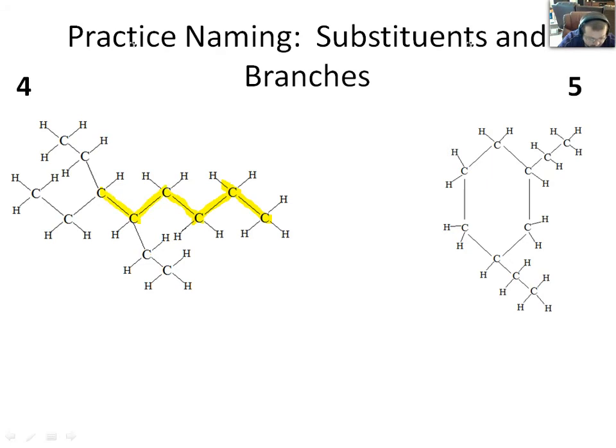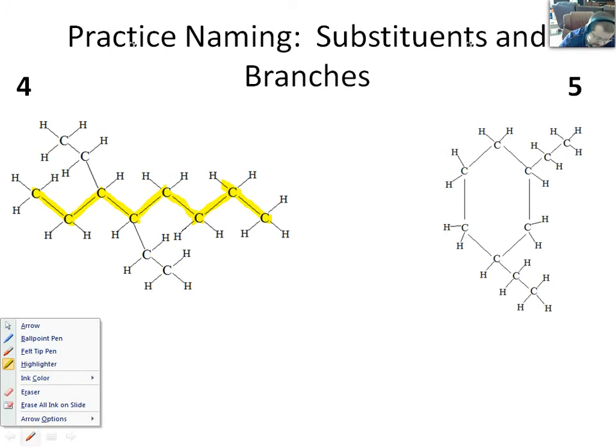Now at this point we could go up or we could go left, and either way we're going to end up with 2 more carbons on our parent chain. So I'm going to go to the left here. So there's our parent chain. 1, 2, 3, 4, 5, 6, 7, 8 carbons attached.